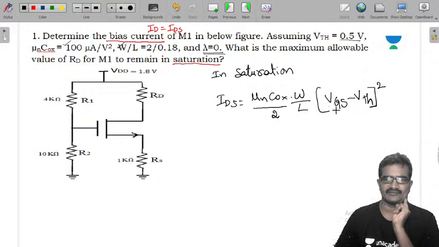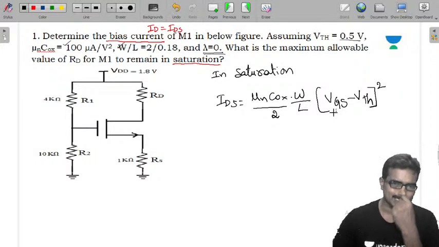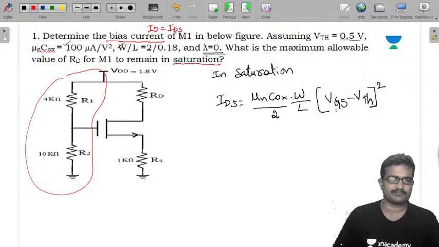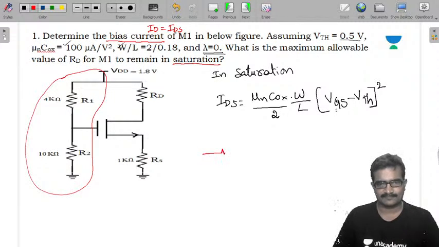Now we need to calculate VGS. For that, first I am taking whatever input circuit we have here, and I am going to replace this part by its equivalent Thevenin like this.